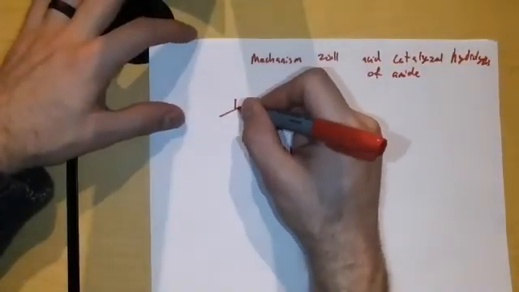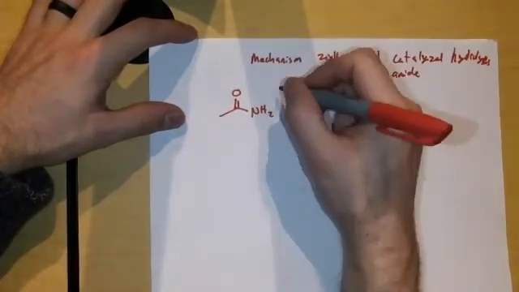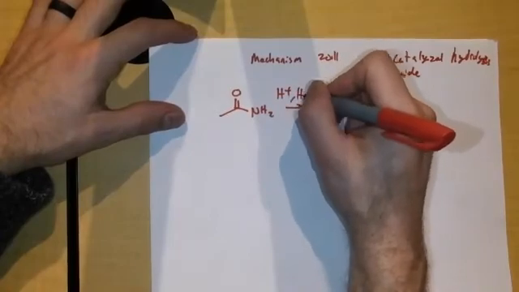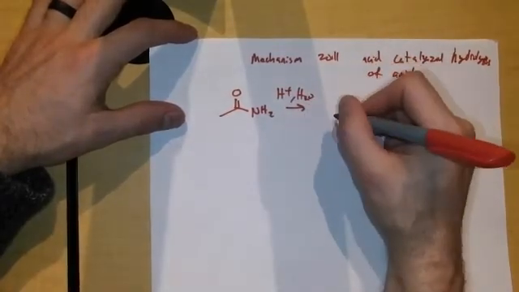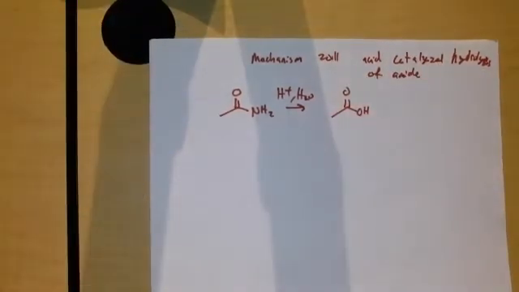It's the exact same concept. Instead of an ester, you take an amide, put in H plus and water, and this will allow us to get to a carboxylic acid.